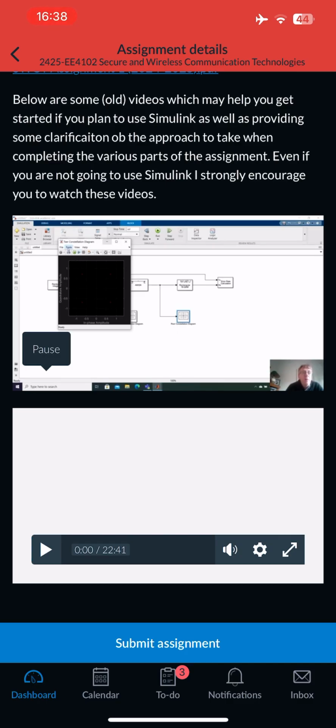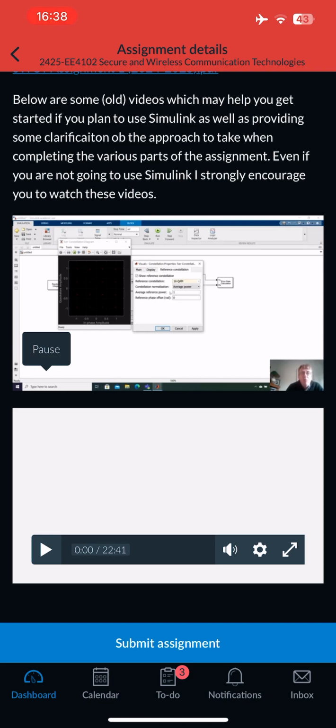Now, the way we can configure it is if we go to View and the Configuration Properties. The reference constellation is the one we want here, and we want to drag that down to 16 QAM, which is what we're using.